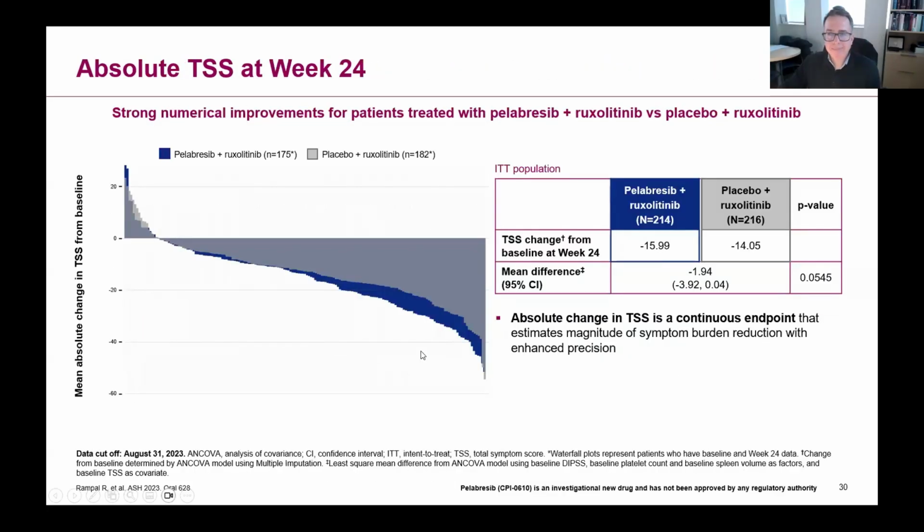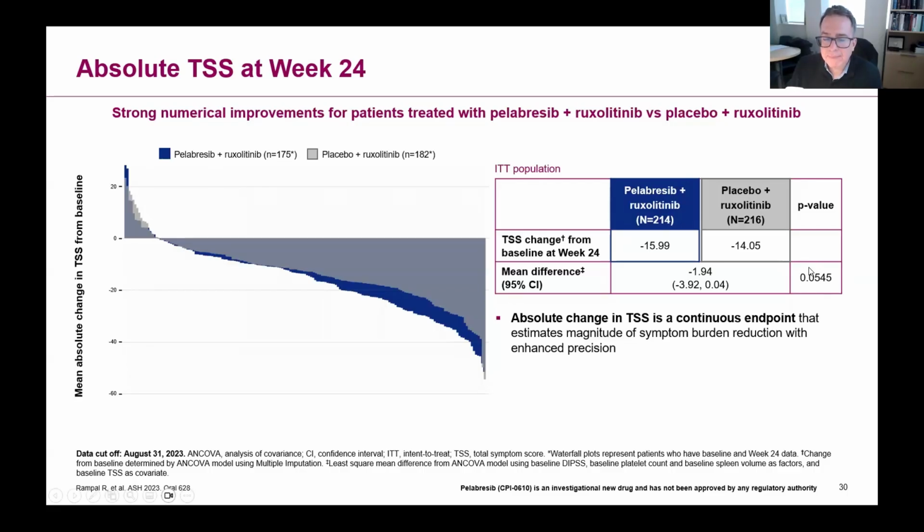Now, what about symptoms? So here's where it gets really interesting. Jakafi is quite good at reducing symptoms in patients with myelofibrosis. But if you look at the bluish line here, you can see that the further improvement in symptoms with the addition of pelabresib was numerically better, but wasn't statistically significant.